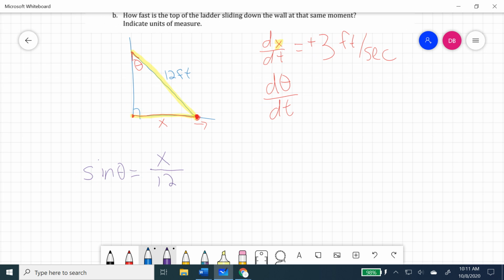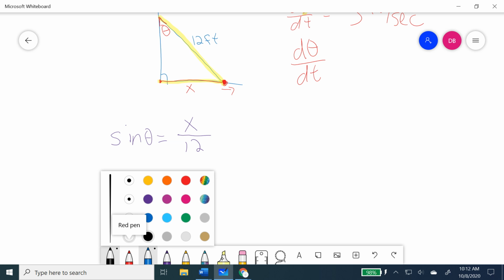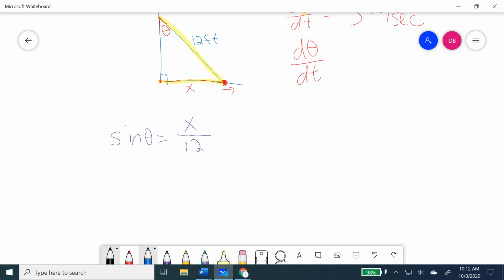So then once you have that equation, then carefully take the derivative with respect to time, because this step is the entire reason for the word problem. So with respect to t, both theta and x have to be implicitly differentiated.